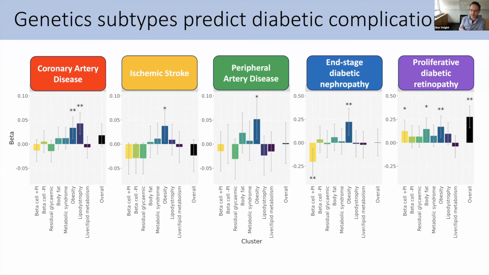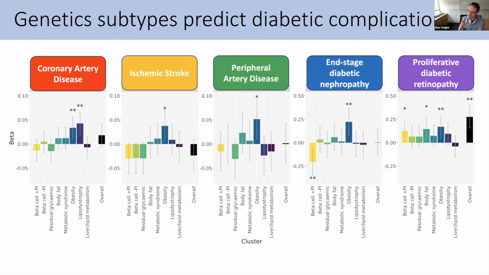That's nice and interesting because it suggests that perhaps not all pathways that predispose to diabetes risk uniformly predispose to coronary artery disease risk as a complication, but maybe a subtype of them do. If you then walk through the other complications, you can see obesity seems to be a major one across many of them, but perhaps for retinopathy, there are other subtypes of clusters that do matter for that trait.